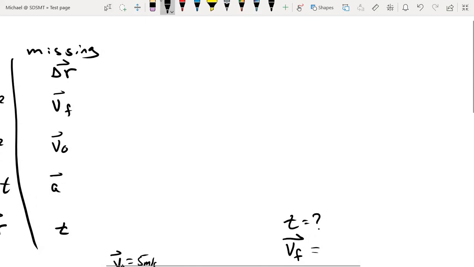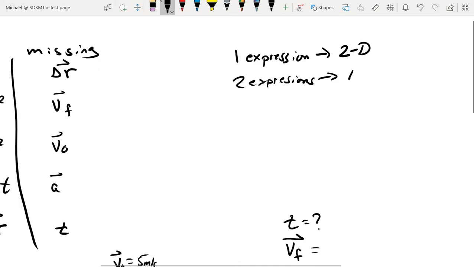Instead of having, come on, eraser, there we go. Instead of having one expression for a two-dimensional problem, what if we could have two expressions in one dimension?